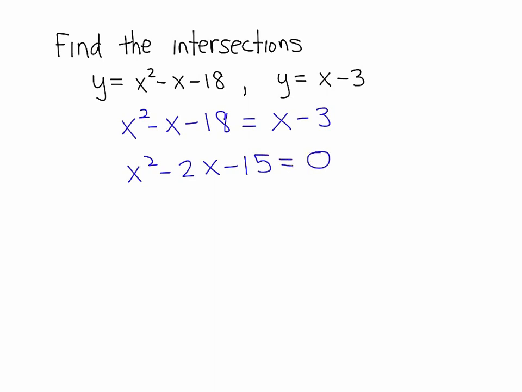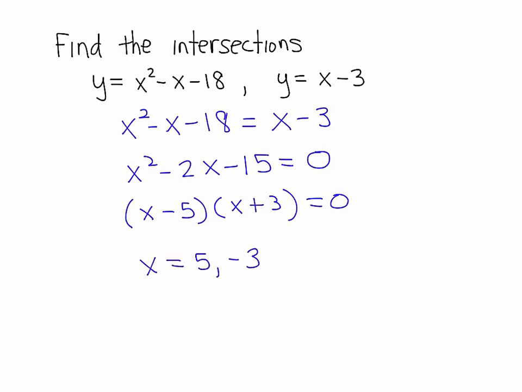This function is factorable. We have (x minus 5)(x plus 3) equals 0. That means x is equal to 5 or x is equal to negative 3. Those are the x-coordinates where the two functions intersect.